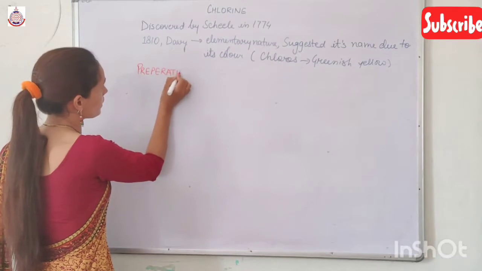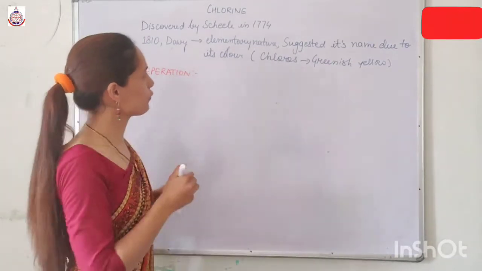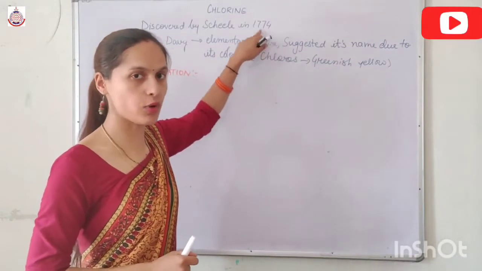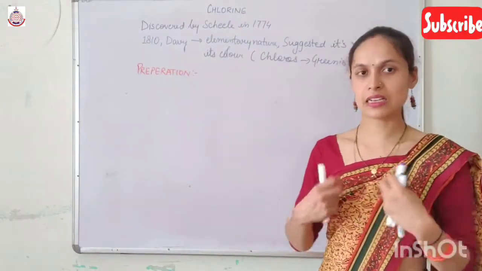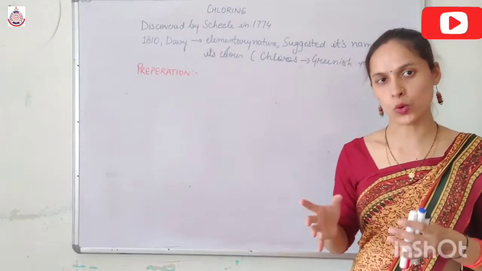Now, if we talk about the preparation of chlorine, in 1774 Scheele discovered chlorine by reacting concentrated HCl with MnO2.